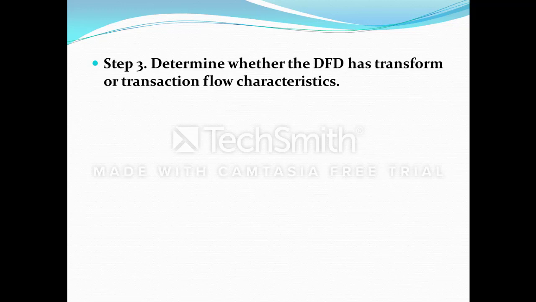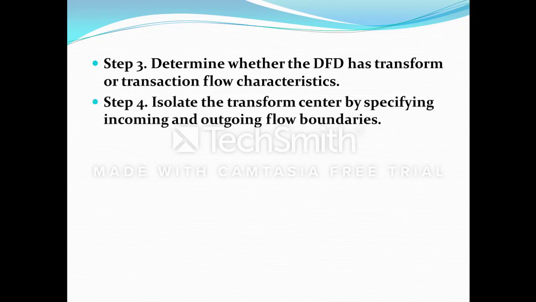Therefore, an overall transformation characteristic will be assumed for the information flow. Next, fourth step: isolate the transform center by specifying incoming and outgoing flow boundaries.